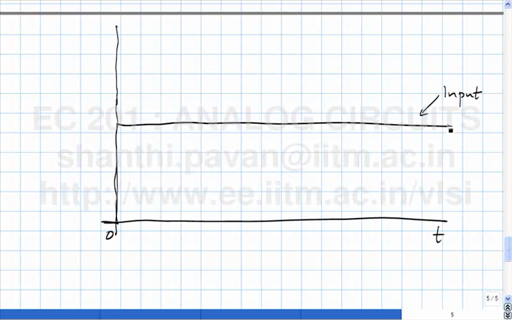So now if the quality factor is very low, that is, the roots are both real, what do you think the response will look like? It will be a sum of exponentials, so very low Q.